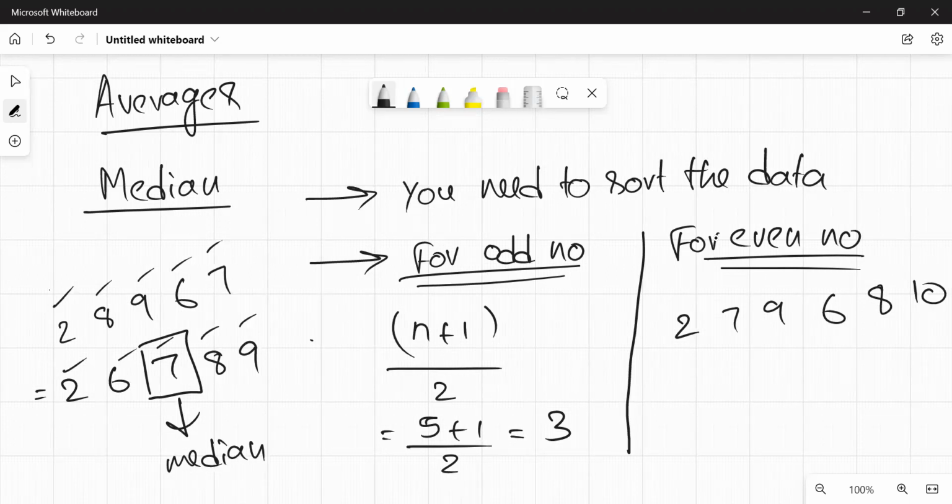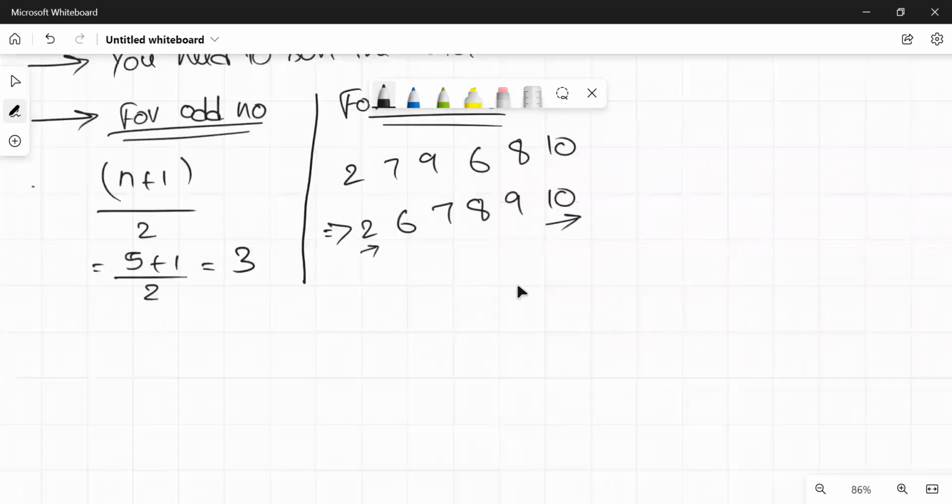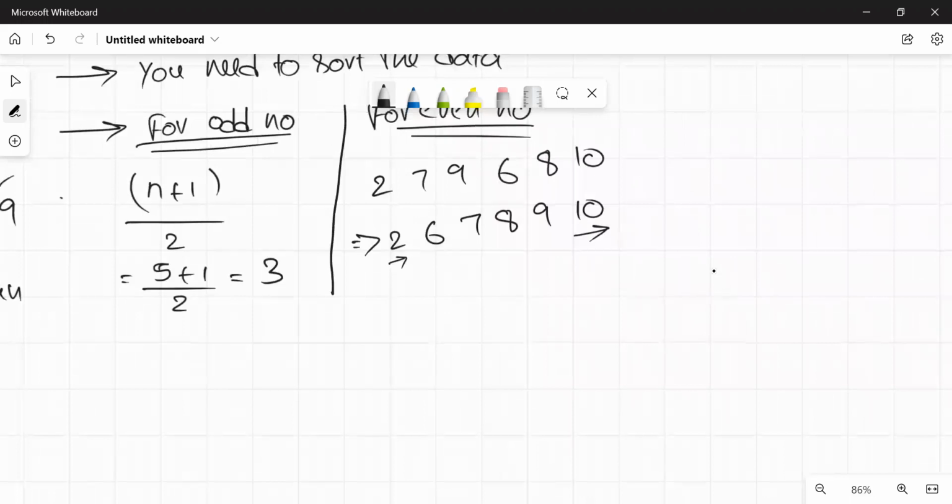If you want to find the median for this kind of data, how do you do that? First of all, you need to sort the data. So 2, 6, 7, 8, 9, and 10. I have already sorted in ascending order, smallest to greatest. Now I need to apply some formula, because this is even number data.